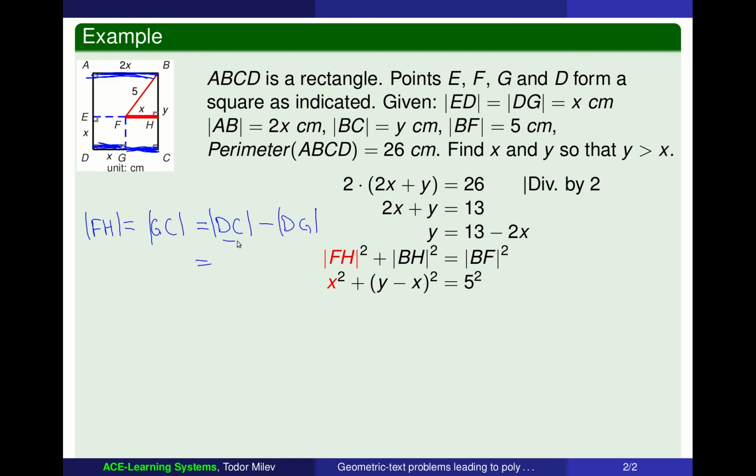And the length DC, that's the same as the length of AB, because ABCD is a rectangle. So DC is equal to AB, which is 2x. And the length of the segment DG was given to us to be equal to x, if you remember. So 2x minus x is x. So the segment FH is equal to x.